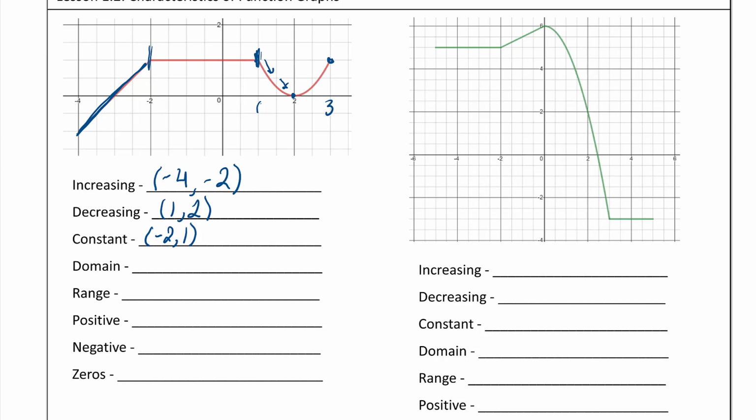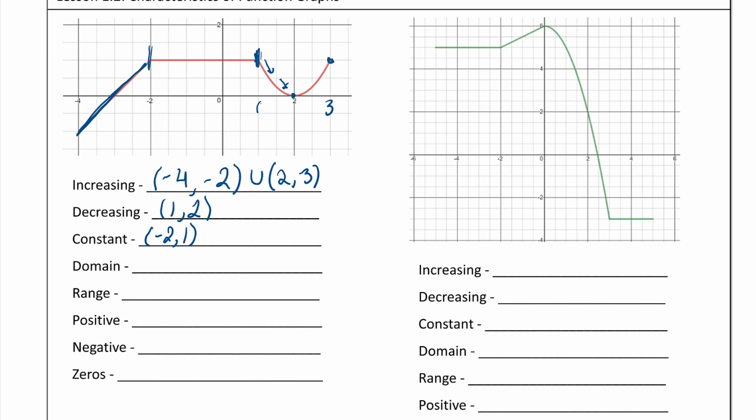When we have more than one interval that we're saying together, this is what I have for increasing, we use this uppercase U for union, and it basically says that we're increasing from -4 to -2, and we're also increasing from 2 to 3. So both of those are places we're increasing.